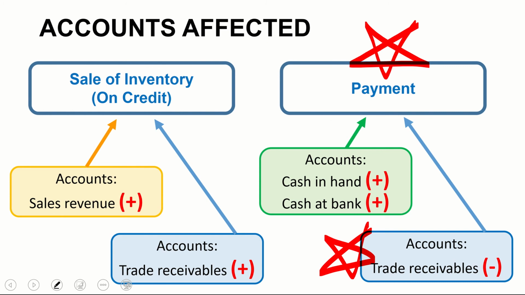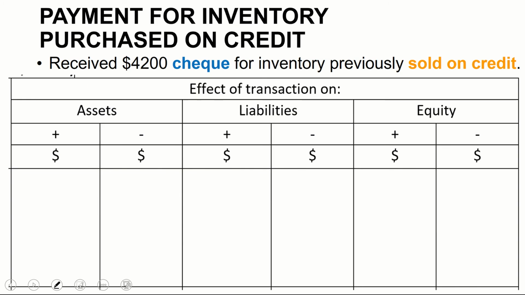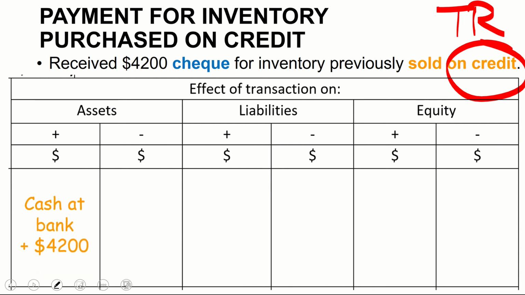So let's take a look at an example. Receive $4,200 check for inventory previously sold on credit. All right, so it was sold on credit, so you know that this is a trade receivable. There was a trade receivable hanging around in your accounts, and now this trade receivable paid up. Since it paid up using a check, we will record cash at bank plus 4,200 under asset plus.